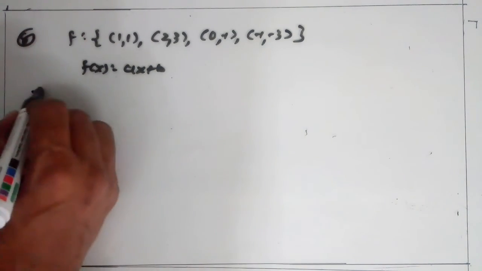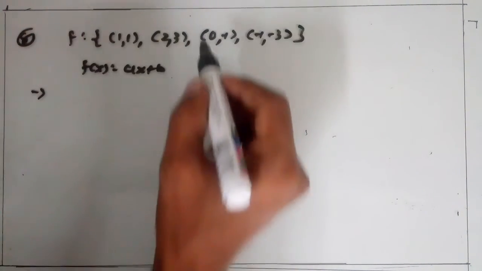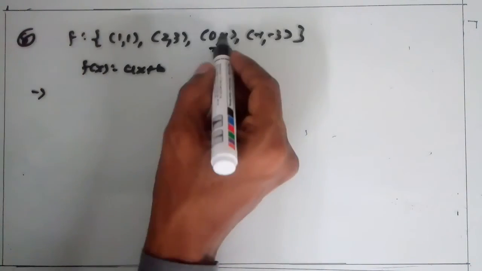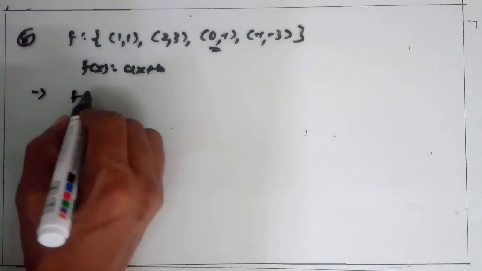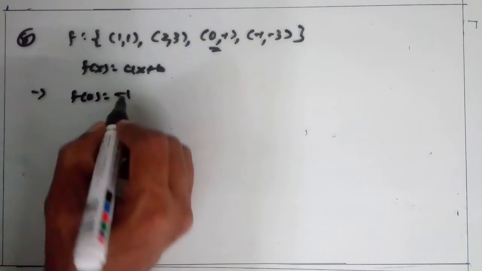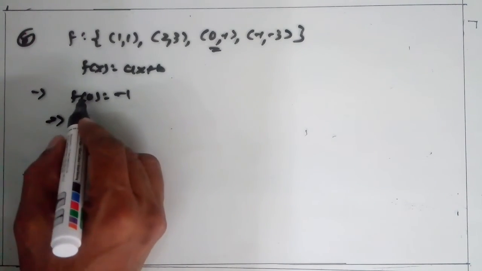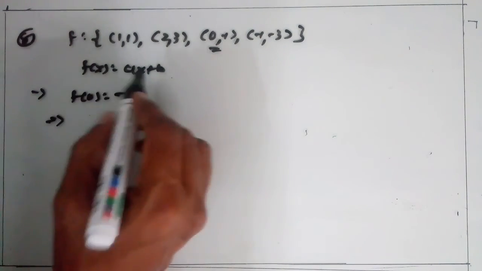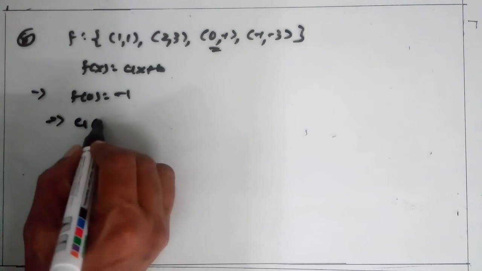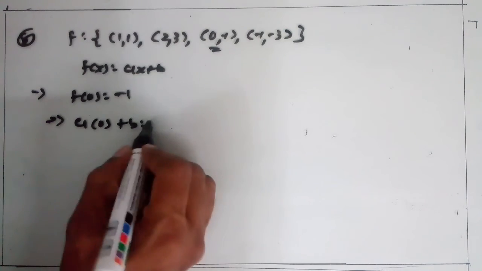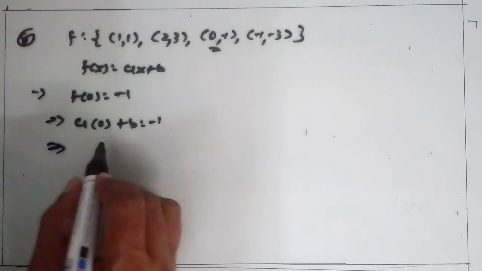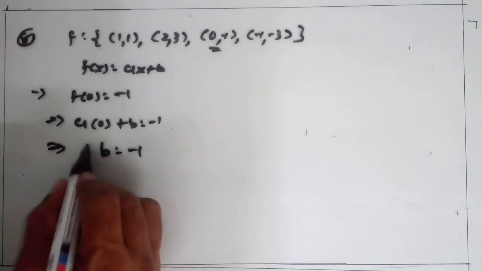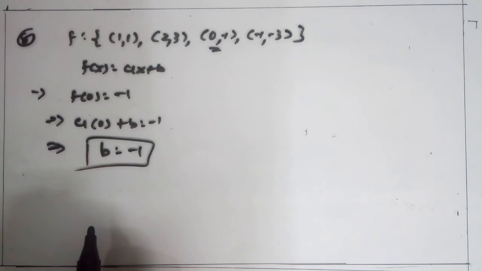Find a and b. Here f of 0 is equal to minus 1 given. So f(0) is equal to minus 1. This implies, finding the image of 0 under this relation, a into 0 plus b is equal to minus 1. This implies b is equal to minus 1. So here we get the value of b.